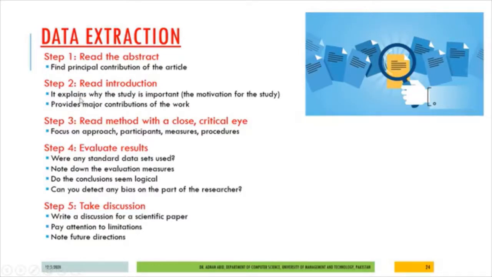Good articles present the motivation of the research, the main contributions, and the approach which has been used in the introduction in a very simplified manner. Because in the introduction, we do not go too much into the technical details.